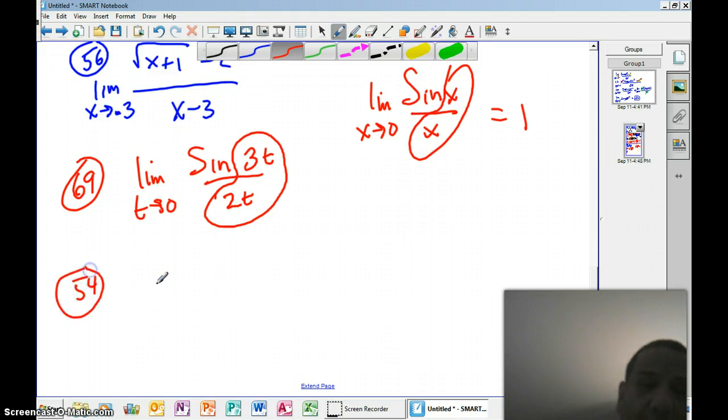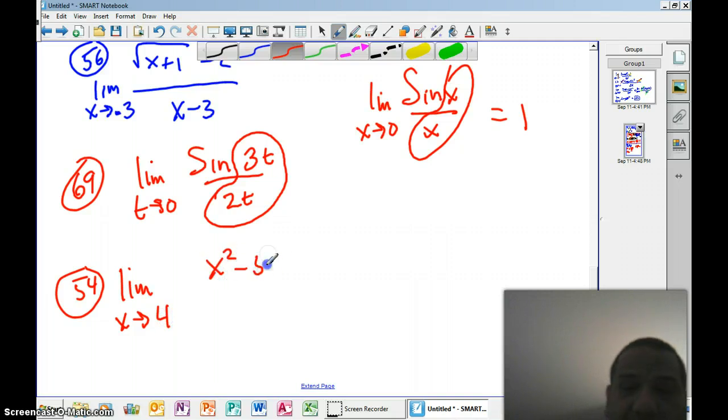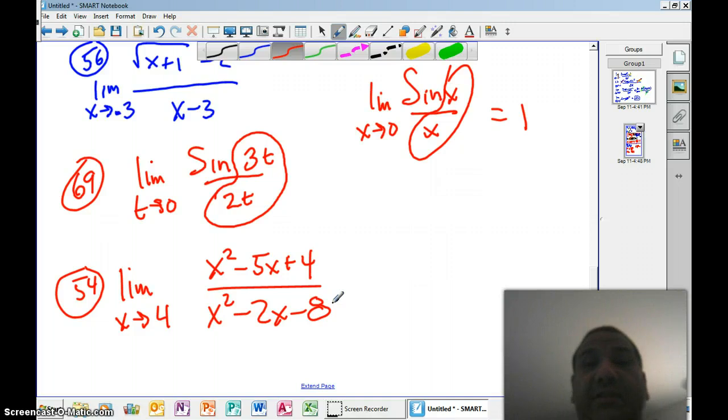Number 54, which is just the limit as x approaches 4 of x squared minus 5x plus 4. This is kind of like a quiz question I'm going to ask you tomorrow at the end of the class. It's the last thing you're going to do. All right, and that's what we got. So you're going to try those problems, see what you come up with, and I will see you tomorrow.